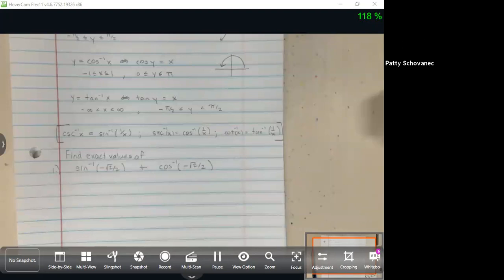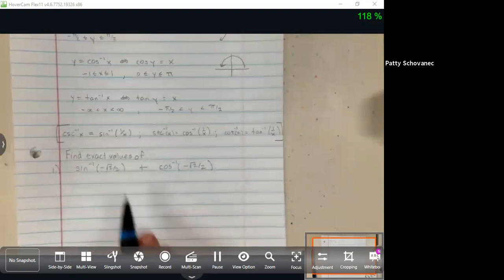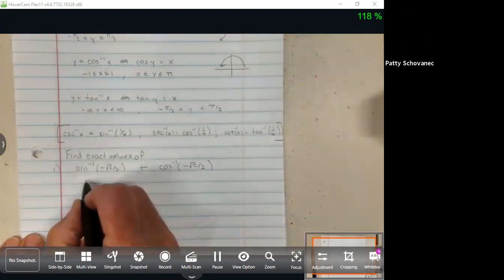What acute angle do we take the sine of to get a negative square root of 2 over 2? I'm in radians here with our inverse trig functions. So 45 degrees, it's got to be negative, so it's going to be a negative 45 degrees. These inverse trig functions are in radians, so this would be a negative pi over 4.